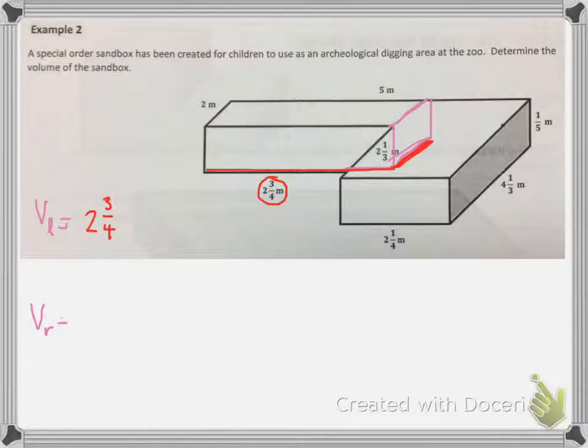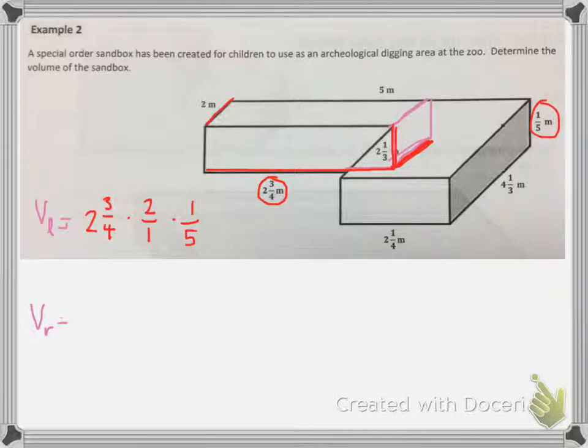And that dimension matches this. So that's 2 meters. So I'll multiply by 2 over 1. That's 2. And then I'll need a third dimension, which is going to be the height. So I have length, width, and height. And the height is 1/5. It's over here. The height is 1/5.